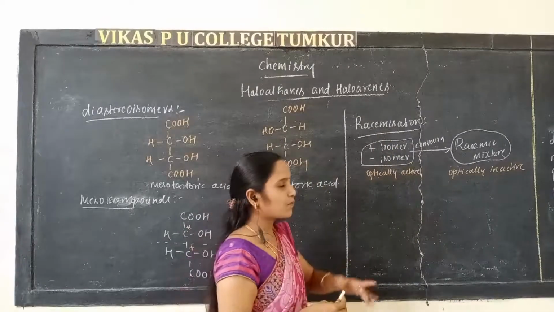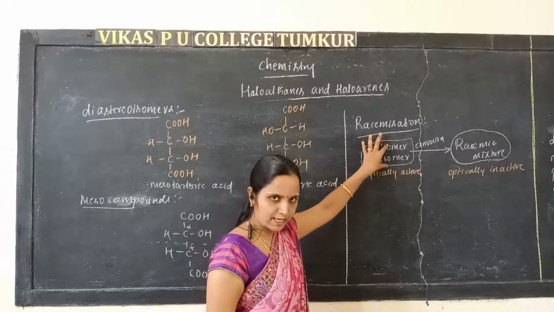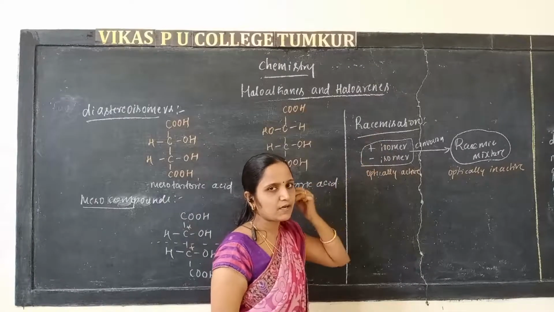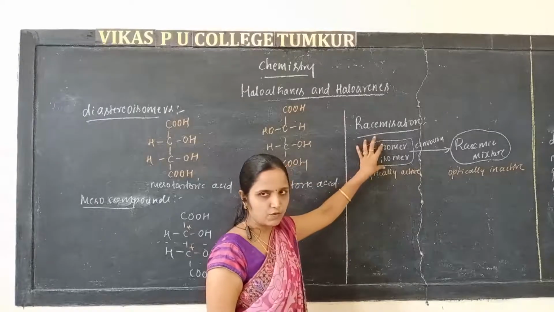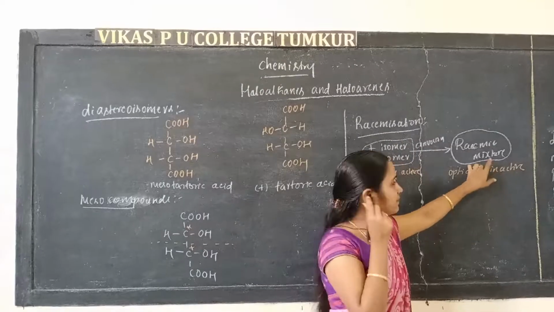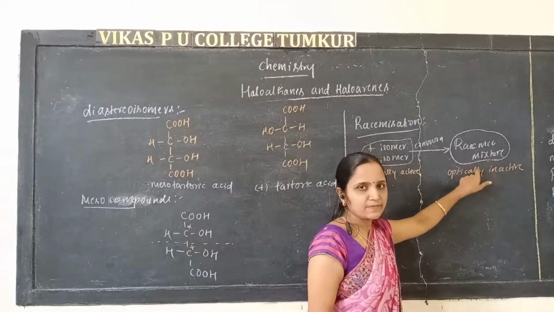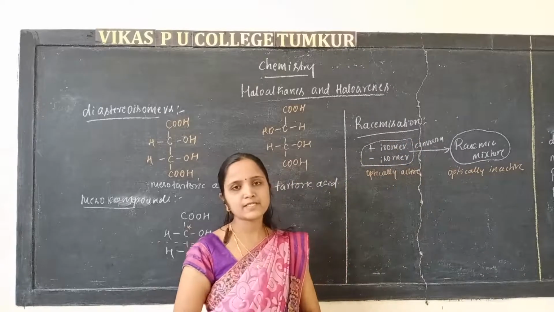Racemization means the process of conversion of optically active isomers into an optically inactive racemic mixture is called racemization.